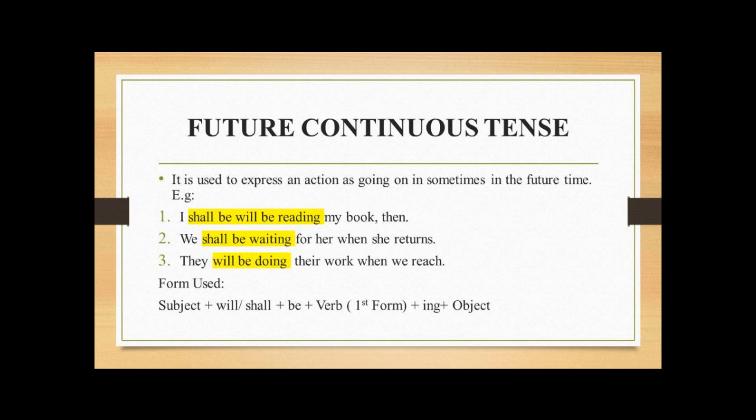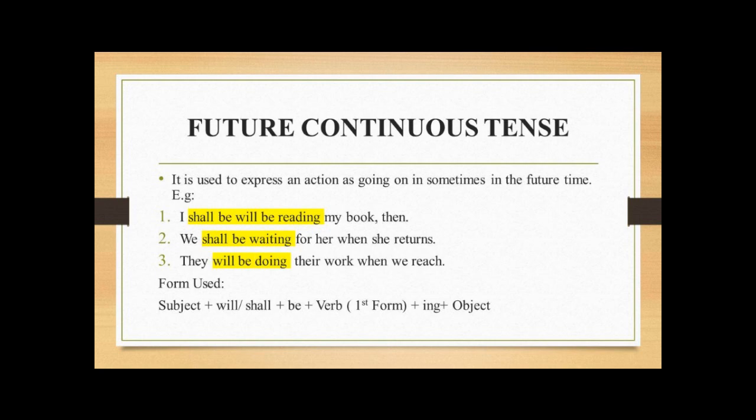Now let's come to future continuous tense, which is used to express an action as going on at some time in the future. For example, I shall be reading my book then. We shall be waiting for her when she returns. They will be doing their work when they reach.